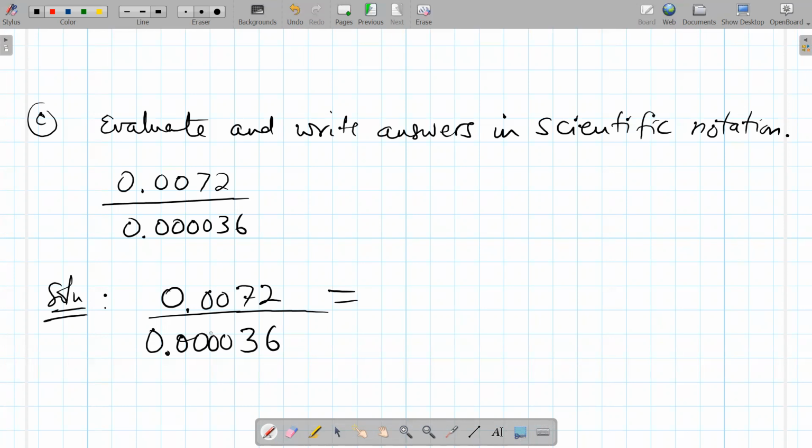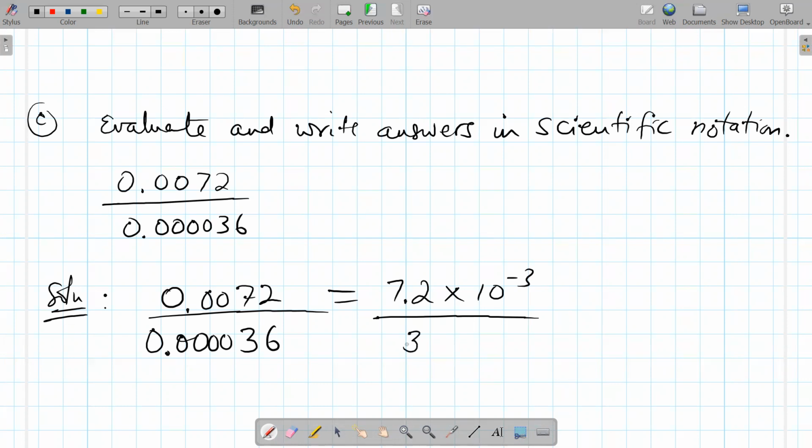These are very small numbers. They are less than 1. So I need to move the decimal point to the right. In the numerator, when I move it to the right, it's going to be 1, 2, 3. So that will give me 7.2 times 10 to the negative 3. In the denominator, the same. I move 1, 2, 3, 4, 5.